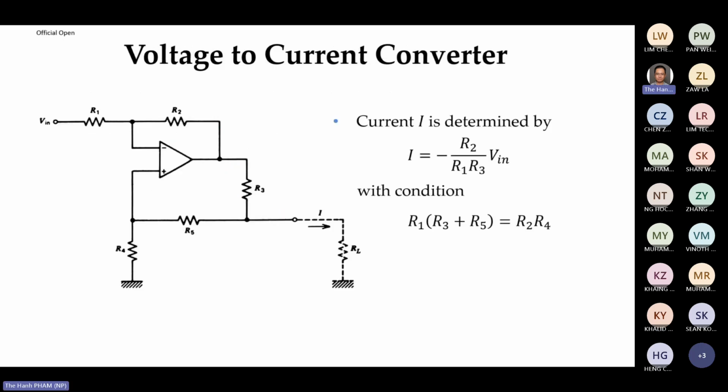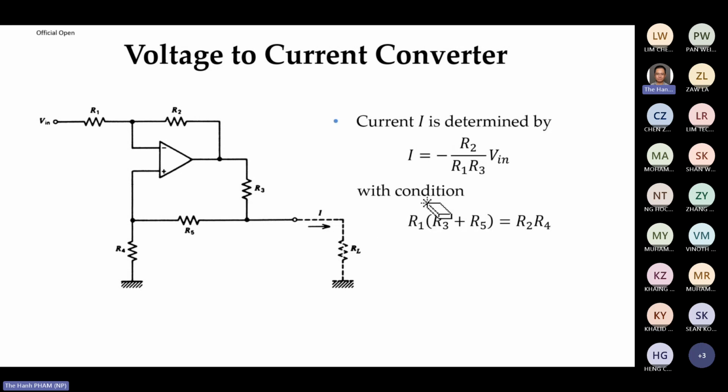Now, this is an example of a voltage to current converter, right? So if you have Vin here, you need to convert it to current. Then you have R1, R2, R3, R4, R5, right?